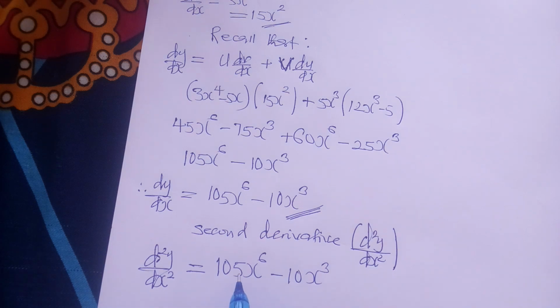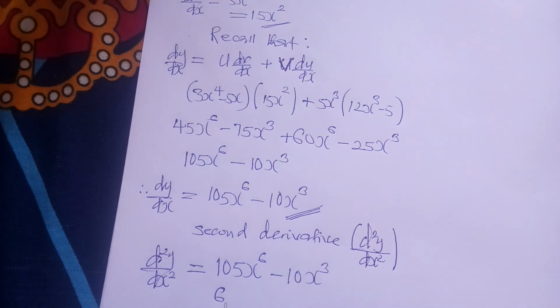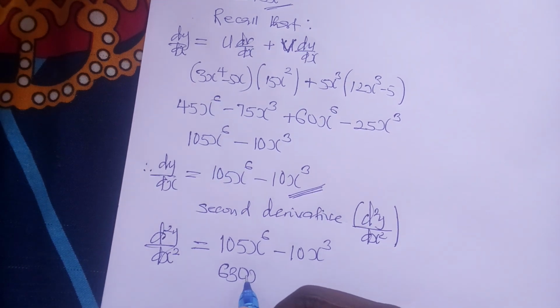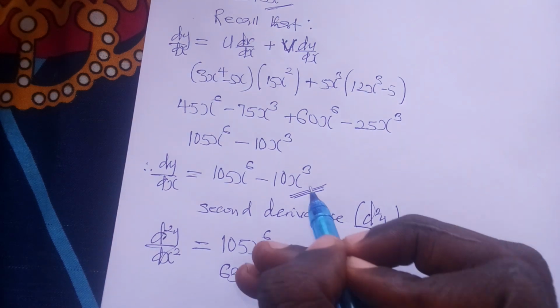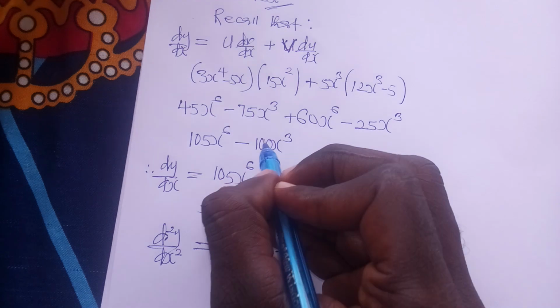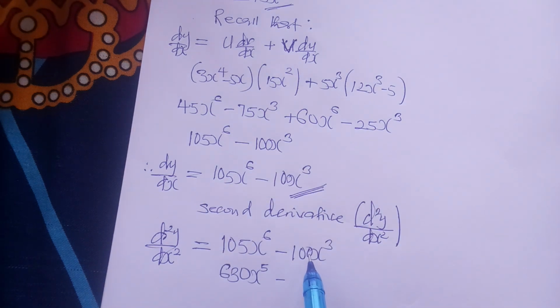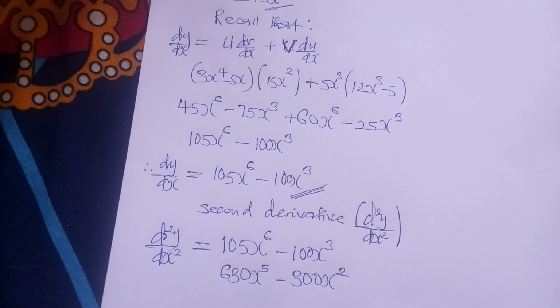Differentiating this one, it means 105 times 6, you're going to have 630x raised to the power, subtract 1 giving you 5, minus the same thing, 100 times 3 giving you 300x raised to the power 2.